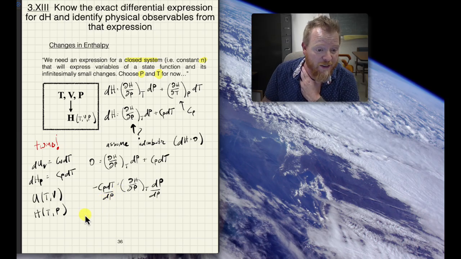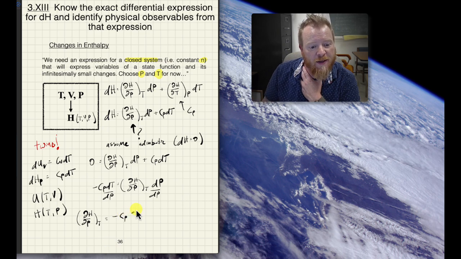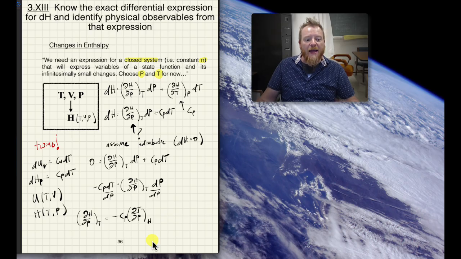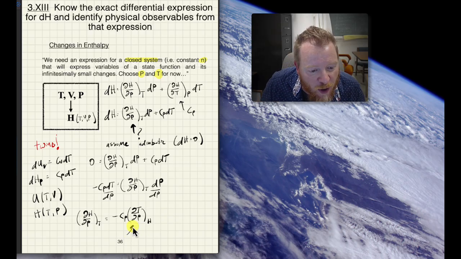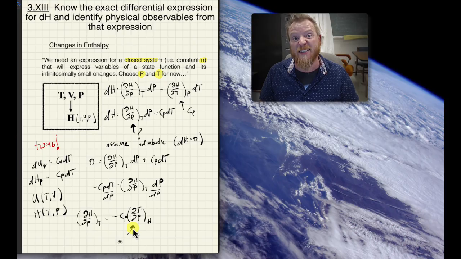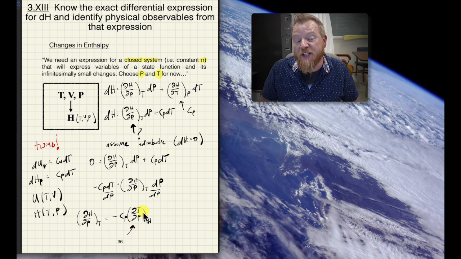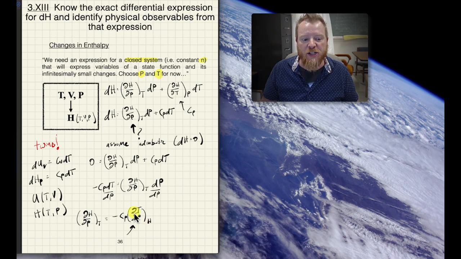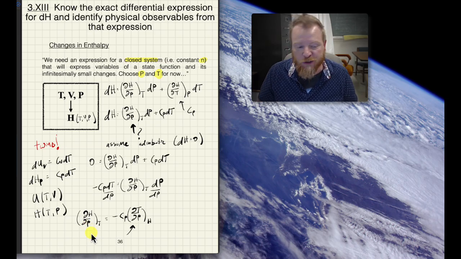Then the partial of H with respect to P at constant T equals negative Cp times the partial of T with respect to P at constant H. And so this right here is now a more useful derivative that we can attempt to measure: changes in temperature with respect to changes in pressure at isenthalpic conditions. That is much easier to measure than changes in enthalpy with respect to changes in pressure at constant temperature.